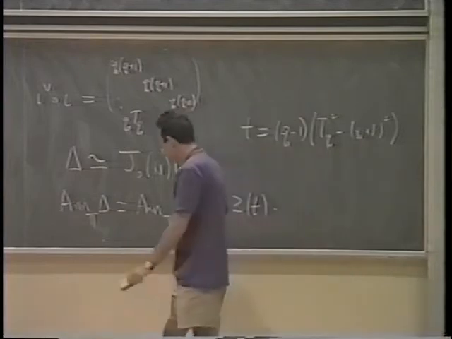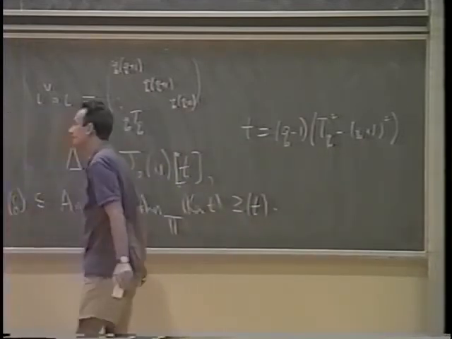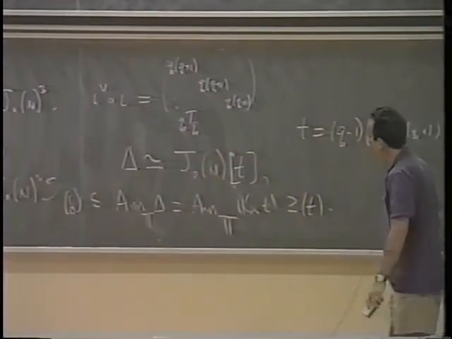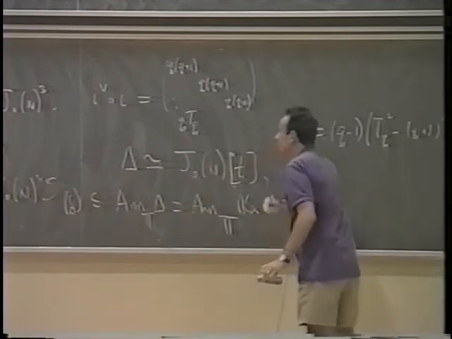And that will give you the required statement that the ideal delta, the congruence ideal, is contained in T. There's one thing that you do have to check. You have to check that here we actually have an equality.